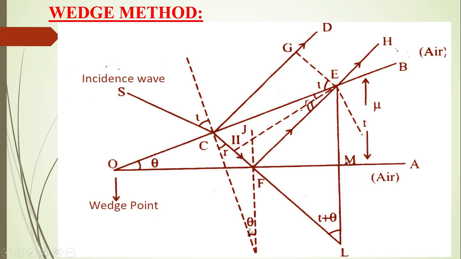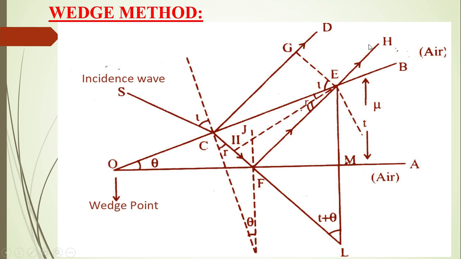This angle is also theta, and that is a normal. The incident ray makes an angle i with the normal, which is called the angle of incidence. The refracted ray makes an angle with the normal, which is called the angle of refraction.